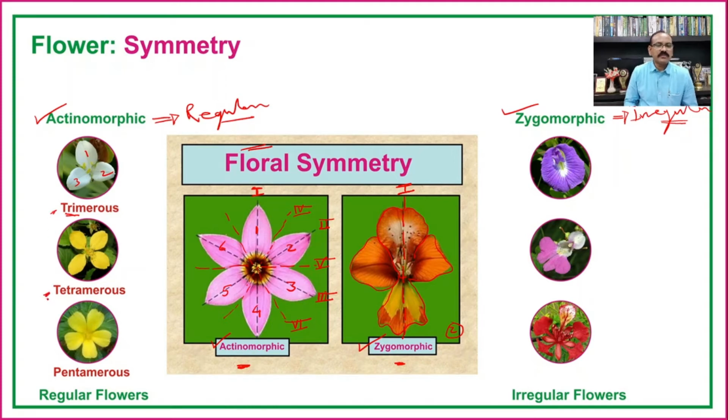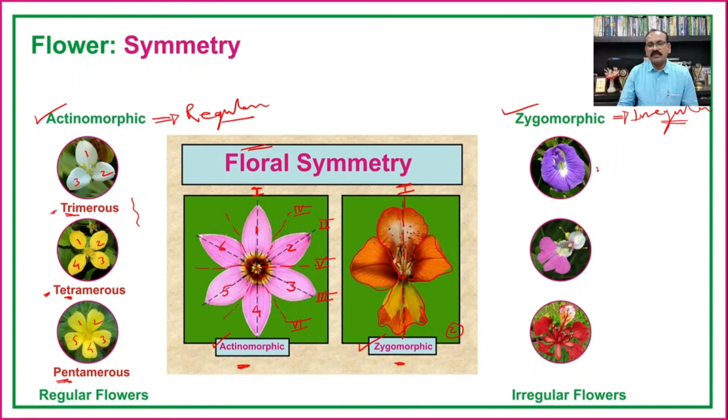Here there are four petals, that is 1, 2, 3 and 4, hence it is known as a tetramerous flower. And there are 1, 2, 3, 4 and 5 petals, hence it is known as a pentamerous flower. So the flowers are known as trimerous, tetramerous and pentamerous, based upon the number of members in each whorl.